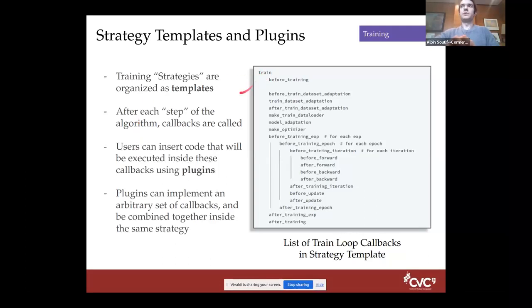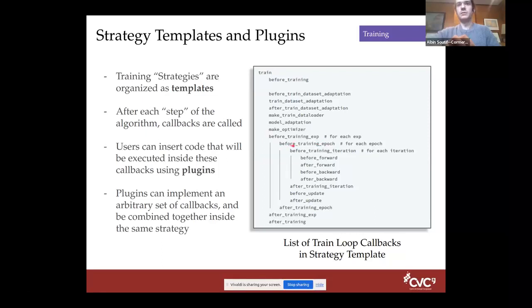So if you think about it, many continual learning methods actually use a very similar algorithm, but they just change some part of this algorithm, and that makes the specificity of the method. But most of these continual learning strategies will have to implement the SGD learning algorithm. And so that's why this template looks like this. Basically, it's waiting for a training experience, and when a training experience comes, then you start training on it.